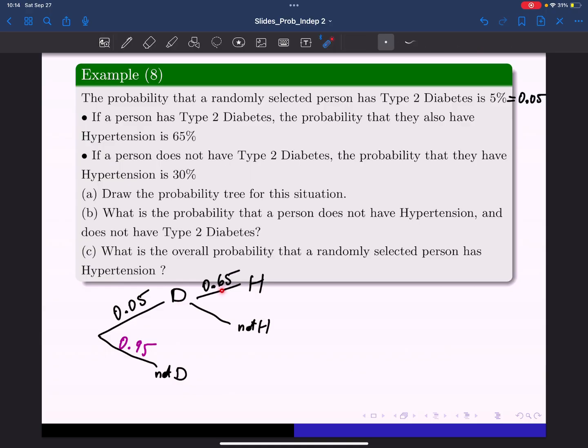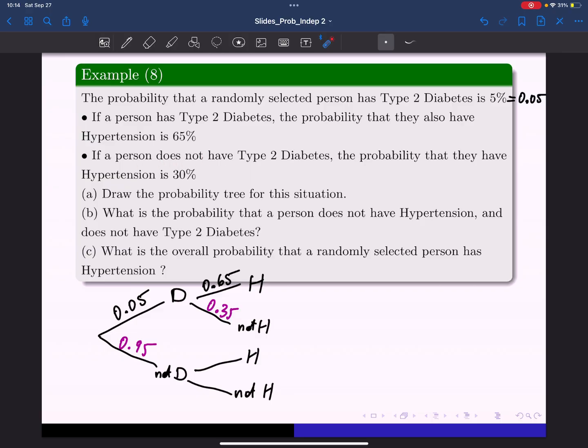As before, those two need to add up to 1. So to calculate the second branch, we would subtract 0.65 from 1, and that gives me 0.35. Always on two branches they need to add up to 1. Now for the second one, we also can have hypertension or not hypertension. So then we read the data.